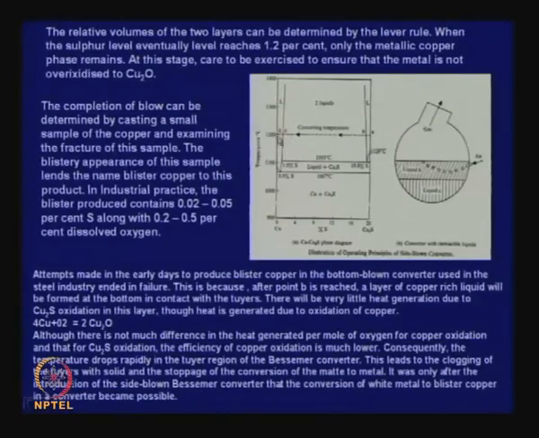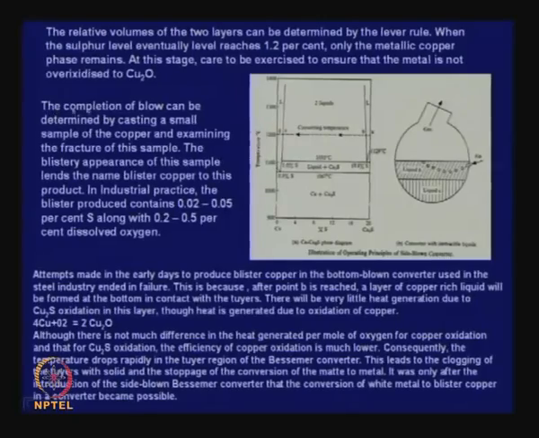There is a copper layer with very small amounts of sulfur, and you have copper sulfide here. These are the two layers you are getting, and you are injecting air continuously into the copper sulfide layer. Copper is at the bottom.